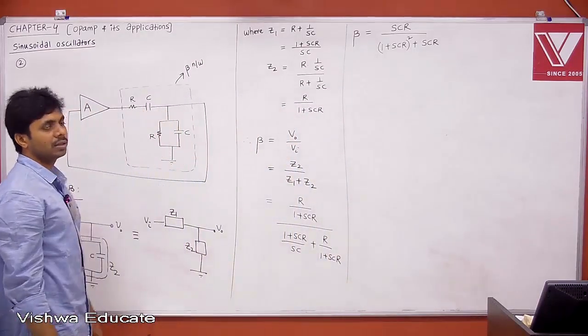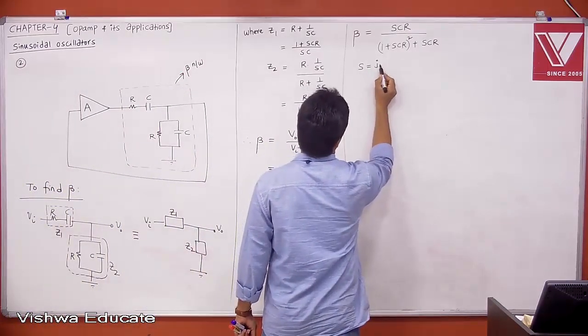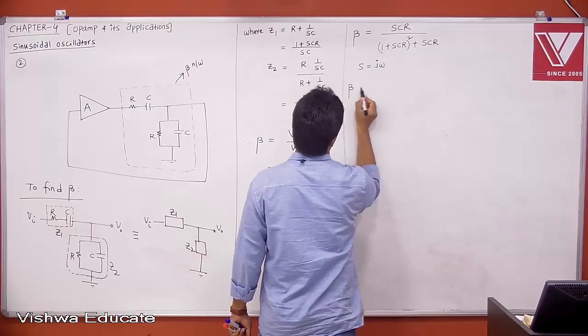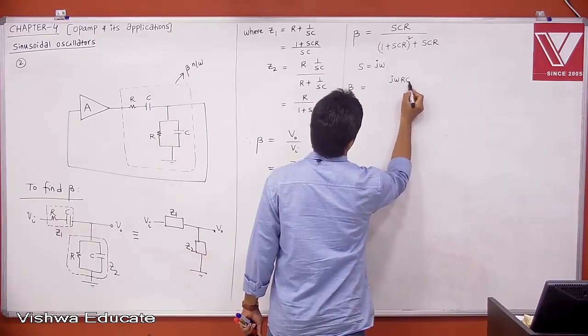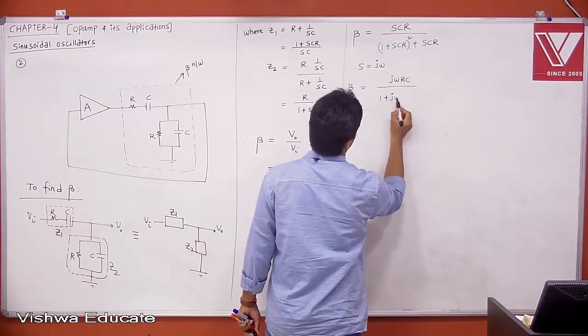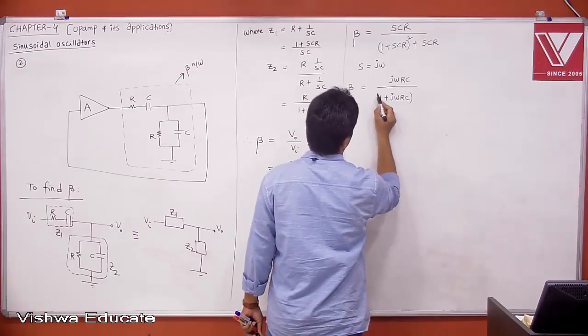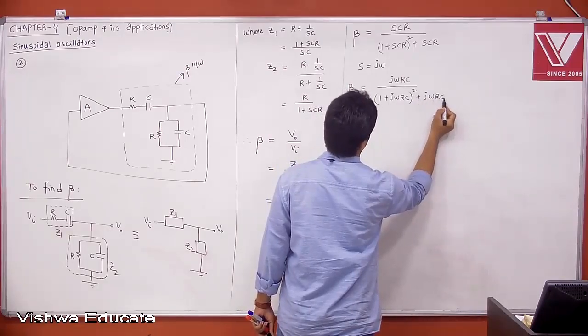Let's substitute S is equal to J omega. Therefore beta is equal to J omega RC divided by (1 plus J omega RC) whole square plus J omega RC.